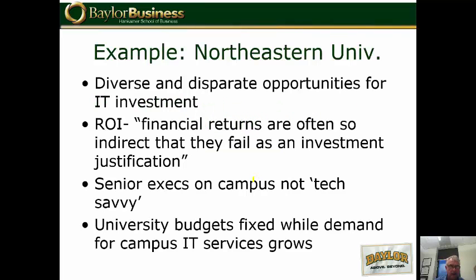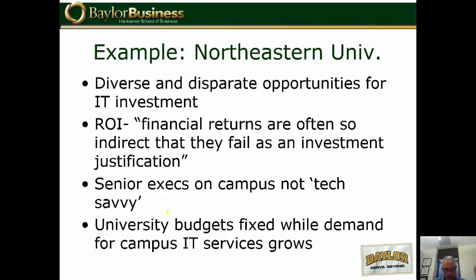What they did is they had an interesting environment where they had very disparate opportunities within the university for IT investment. The article said that the financial returns were often so indirect that they failed as an investment justification. The senior execs on campus weren't tech savvy. The university budgets were fixed. The demand for IT services was growing.